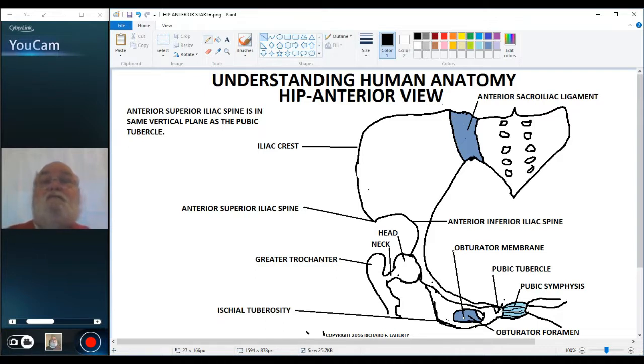Then we will have a ligament running from the ilium to the femur, covering up the head of the femur, hiding it from our view.